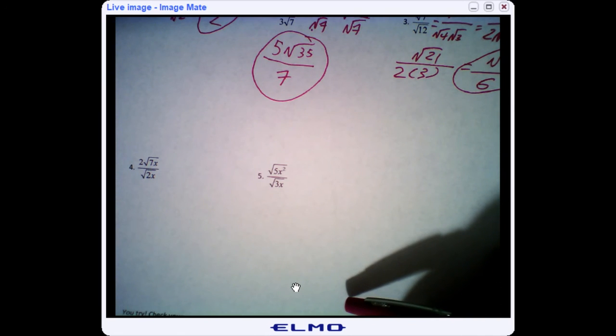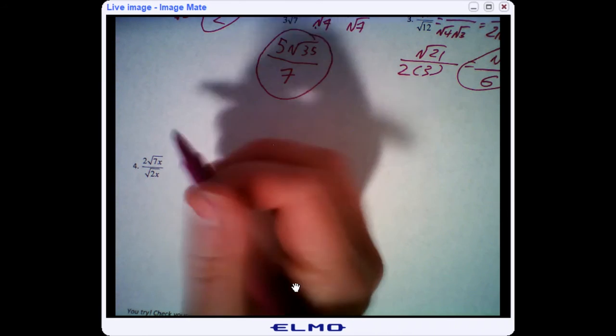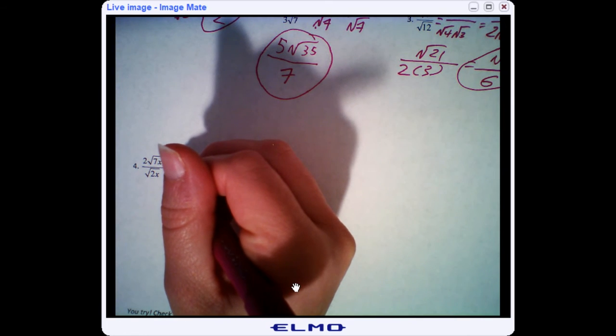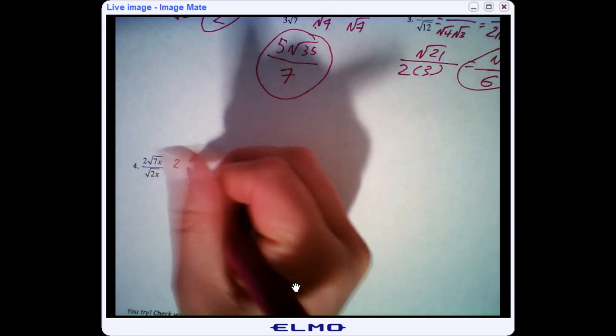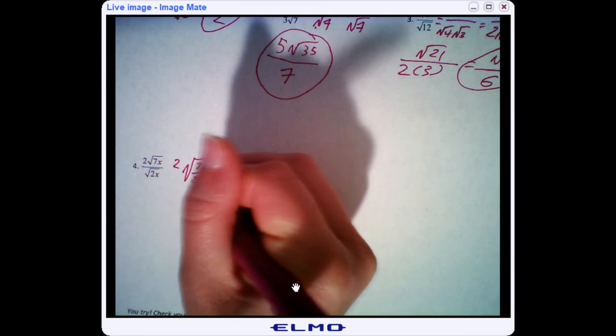When you do variables, it's exactly the same thing. I can simplify the x's here, which is really nice because they're both under the square root. So I could rewrite this as 2 times the square root of 7x over 2x.